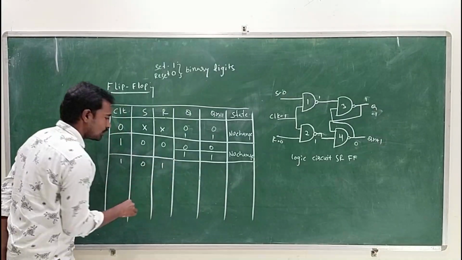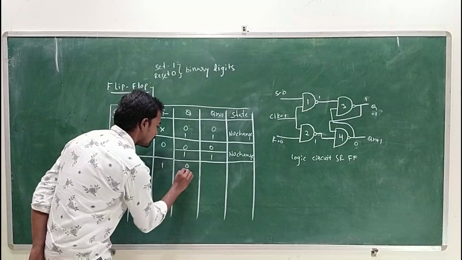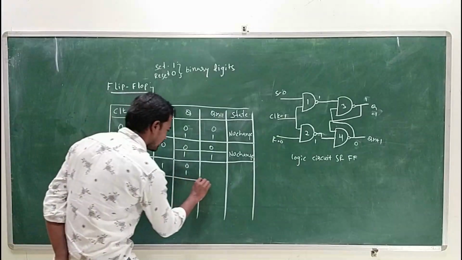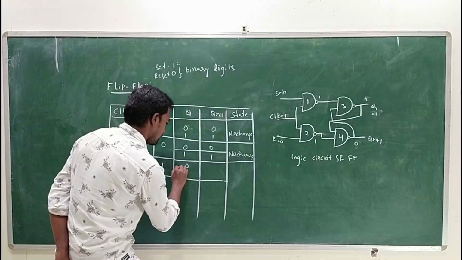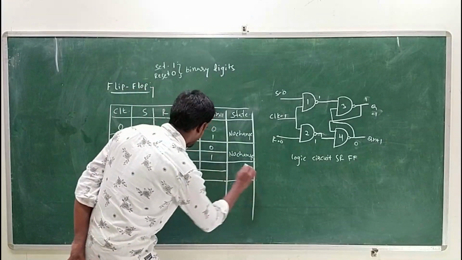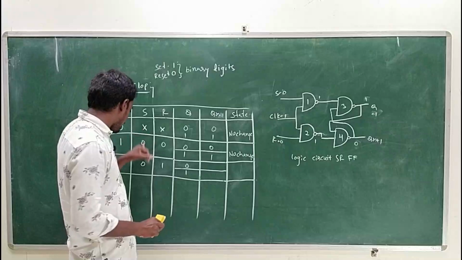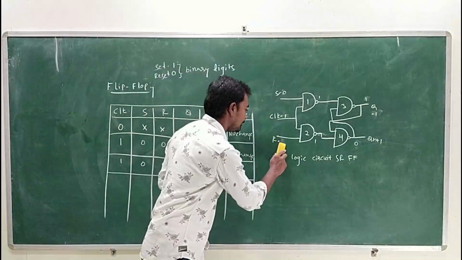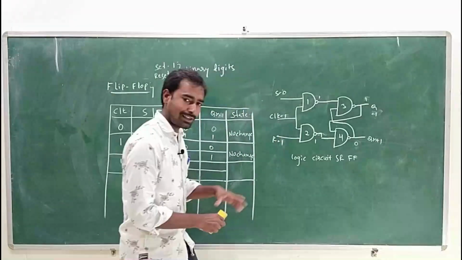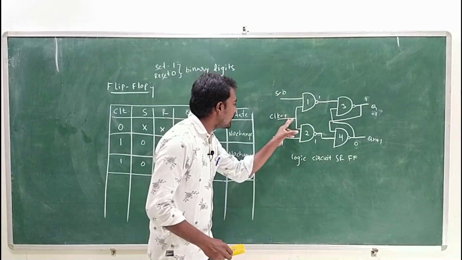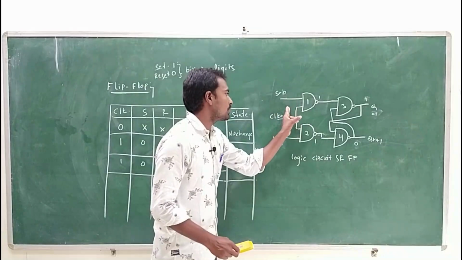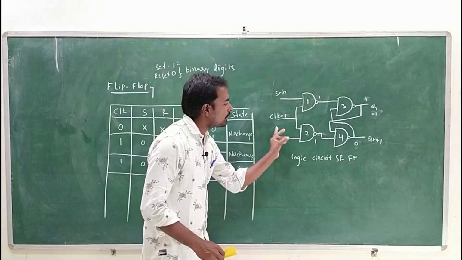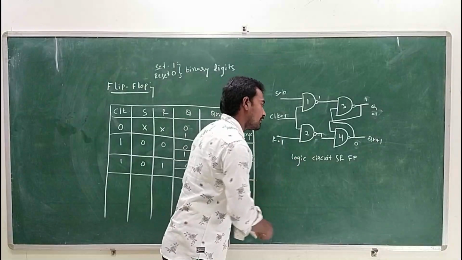Okay, and next we have clock signal equal to 1 and S equal to 0 and R equal to 1, and we have Q equal to 0 and 1. So we have two inputs. If S is equal to 0 and R is equal to 1, then we will get 0 cross 1 is equal to 0, 0 complement 1 here, and again 1 cross 1 is equal to 1, 1 complement 0, here we are getting 0.